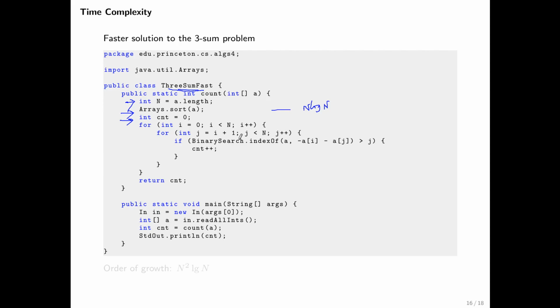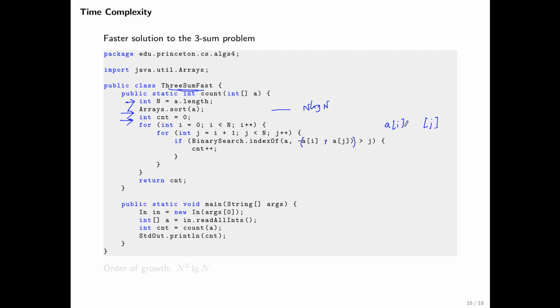And then we do something extremely interesting. We are looking at items a at i and a at j. We do a binary search on the collection A for the item that is the negative of a at i plus a at j.